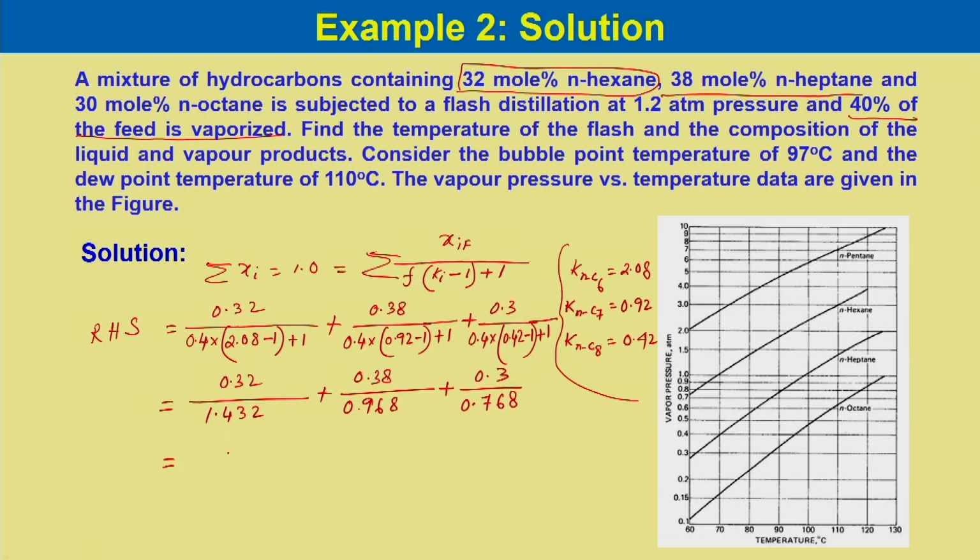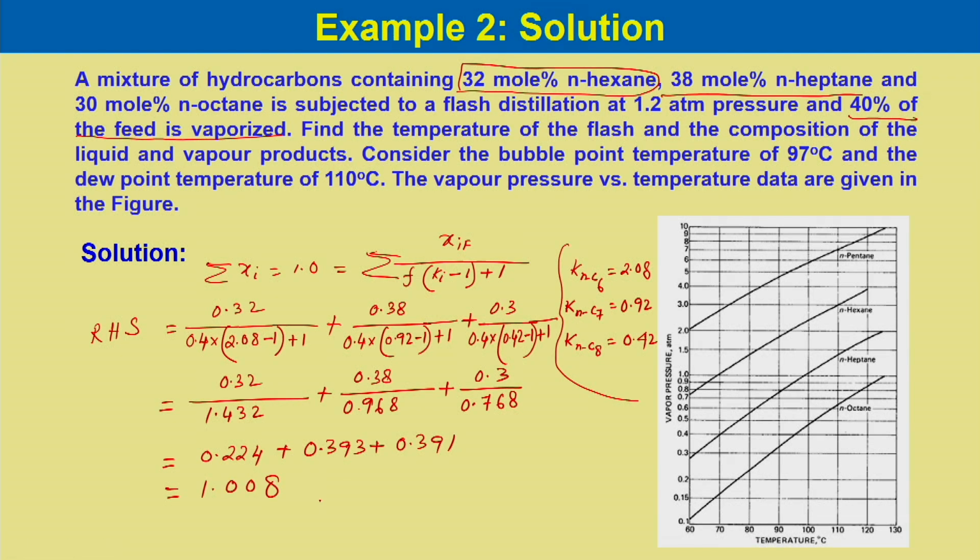This would be equal to 0.224 plus 0.393 plus 0.391, which is equal to 1.008.